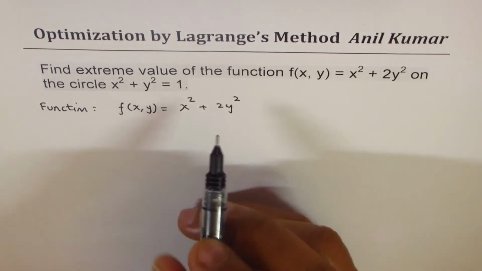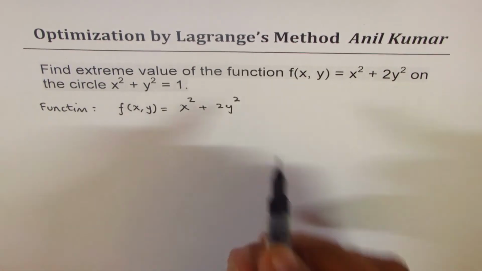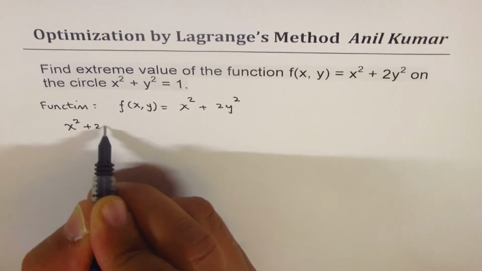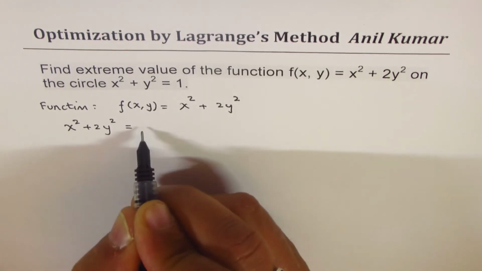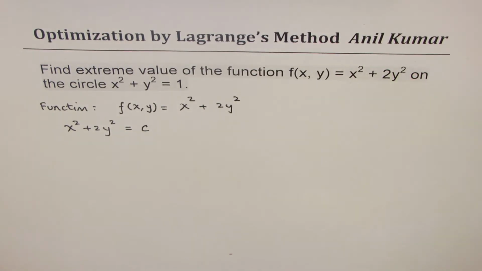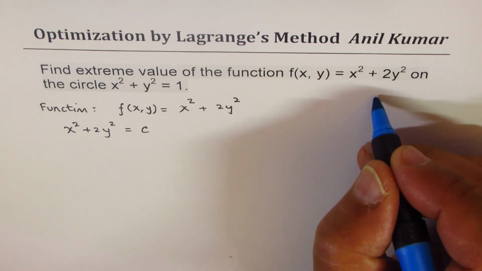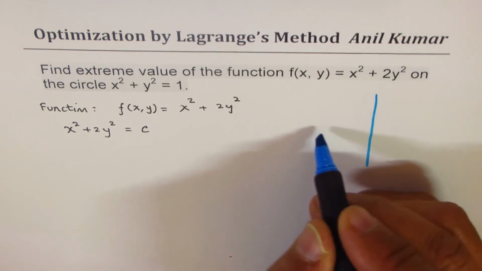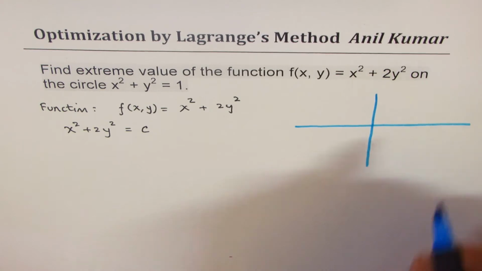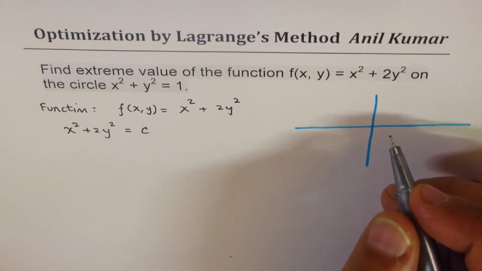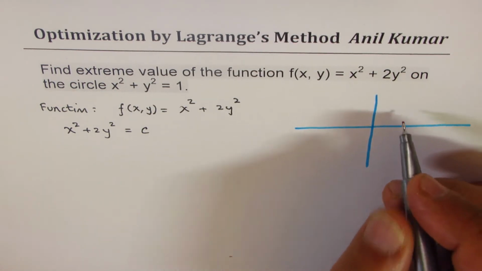That's the function. So as I explained earlier, we'll actually sketch the function x squared plus 2y squared equals c, right? I'll follow exactly the same principle which we did just now, basic concepts, and then find a solution. So we'll do a solution using a sketch first, and then we'll do the same algebraically, okay?